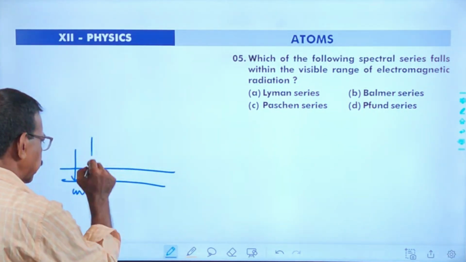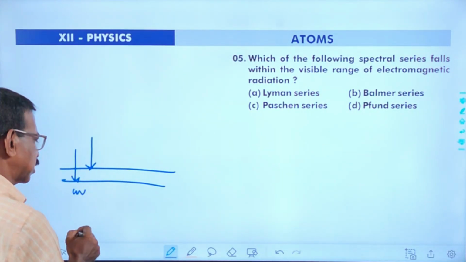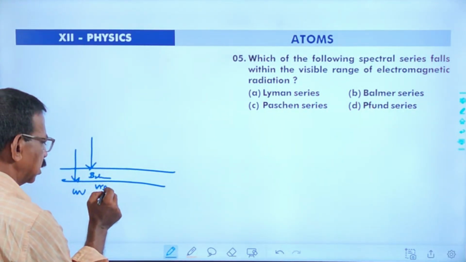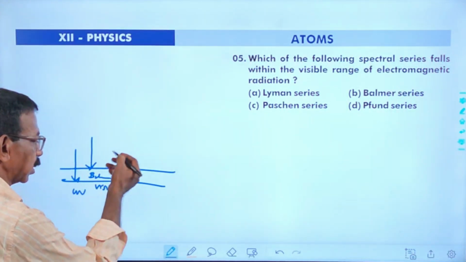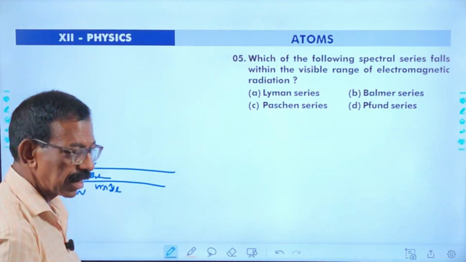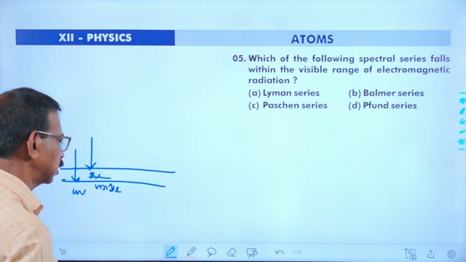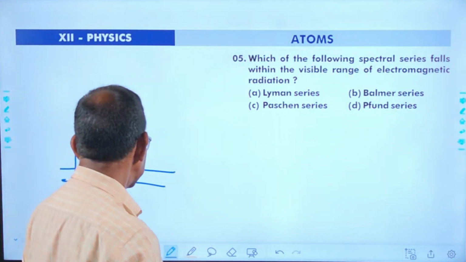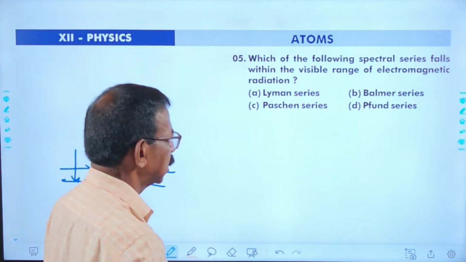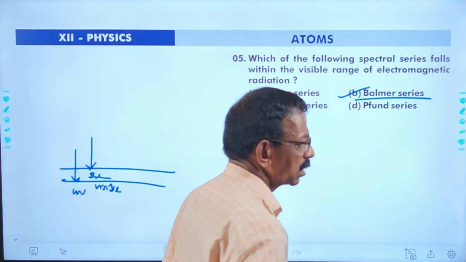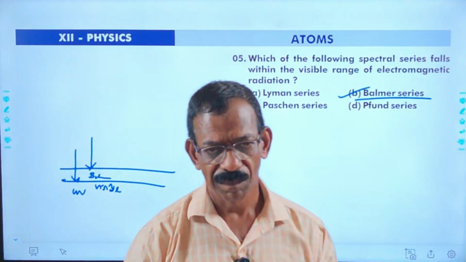By falling to the second energy state, we get the Balmer series. This alone is in the visible region. By falling to the third, we get Paschen, then fourth Brackett, and fifth Pfund, etc. They are all in the infrared region. Hence, the only line in the visible region is from the Balmer series.